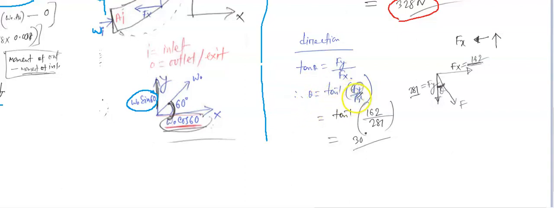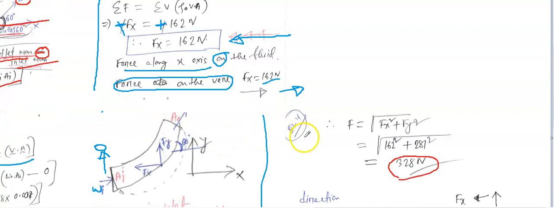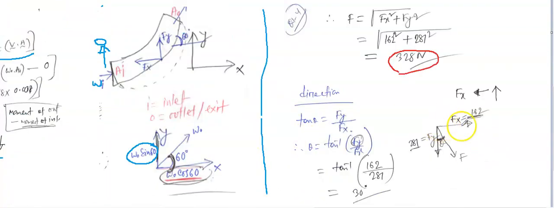When we calculated Fx, the force along the x-axis on the fluid, the force on the vane should be in the opposite direction. So Fx is in the opposite direction, 162. Look at this arrow here. Previously we got Fx in this direction.